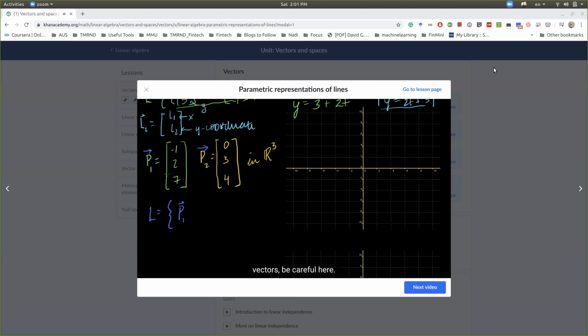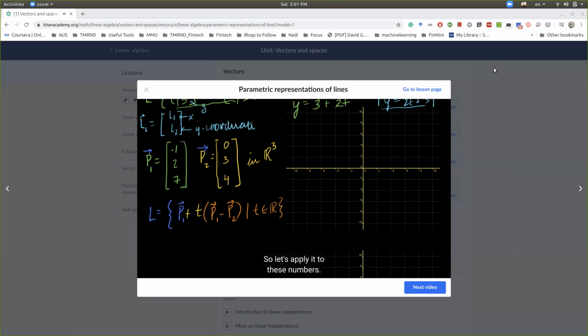The vector P1 plus some random parameter T, this T could be time, like you learned when you first learned parametric equations, times the difference of the 2 vectors, P1 minus P2. It doesn't matter what order you take it, so that's a nice thing too. It could be P2 minus P1, because this T can take on any positive or negative value, where T is a member of the real numbers.